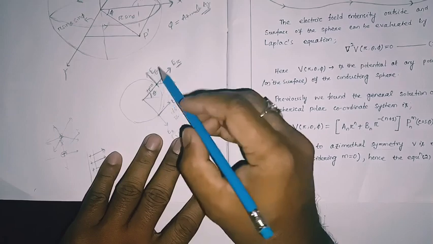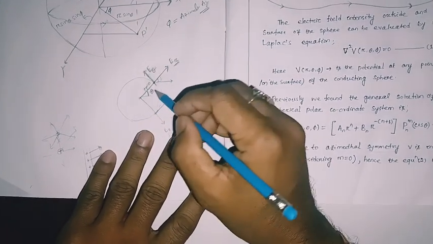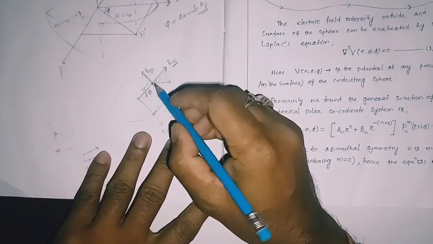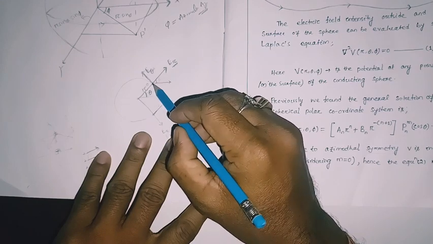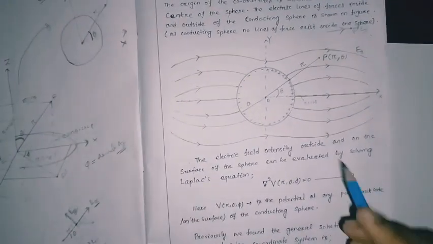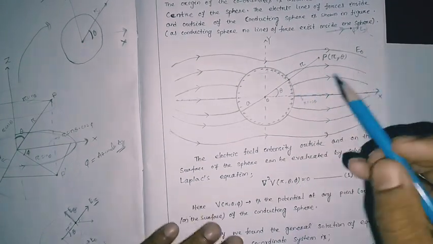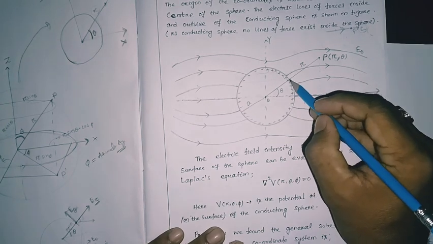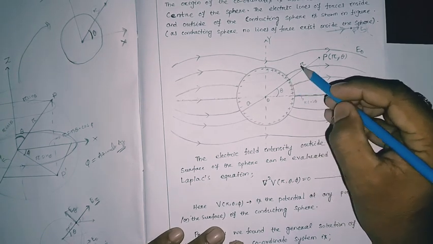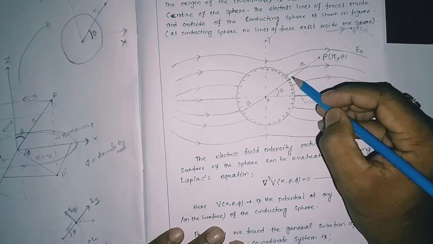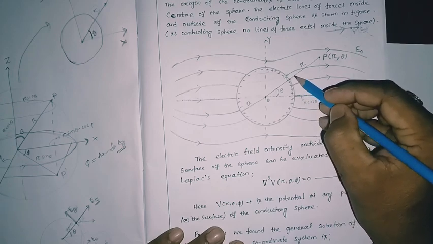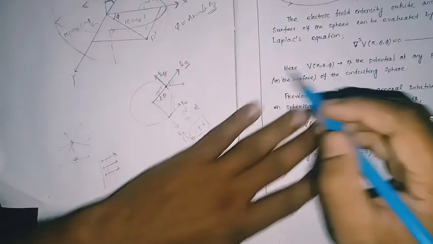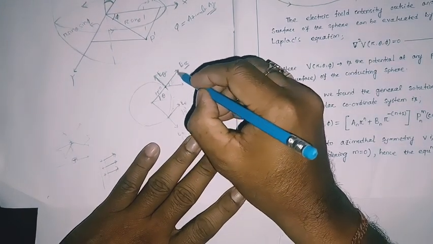You just follow me. I am going to find out the electric field intensity here on the surface of the sphere. So suppose here we have one positive charge. Due to this positive charge, the electric field intensity direction is along radial, that means along this way, so the radial component will be there.